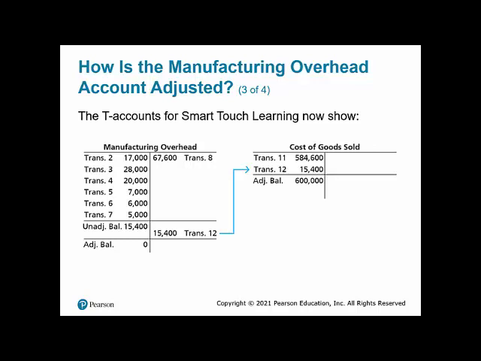So manufacturing overhead needs to be adjusted by debiting cost of goods sold and crediting manufacturing overhead, as we did in transaction 12. After that entry is made, the balance in manufacturing overhead is zero, and cost of goods sold now reflects the actual amount of $600,000. And that is the completion of the presentation for learning objectives 4 and 5.